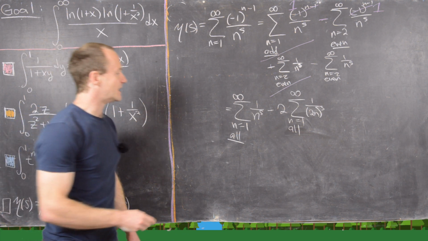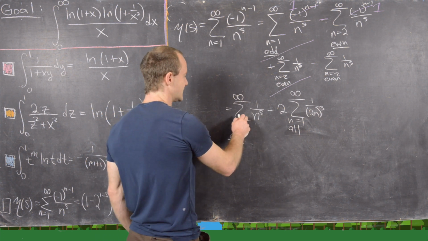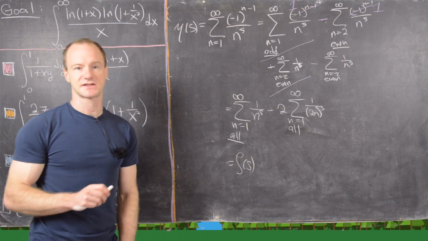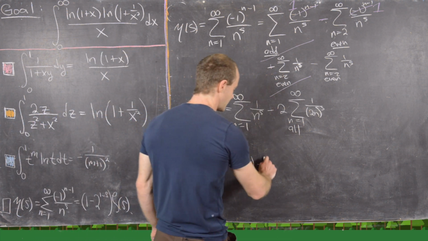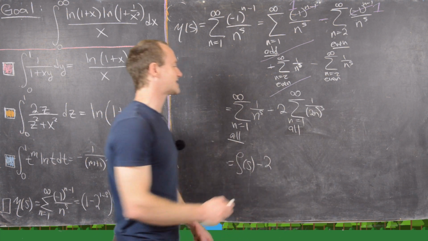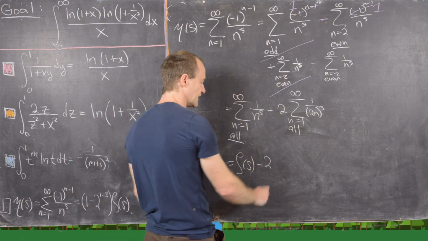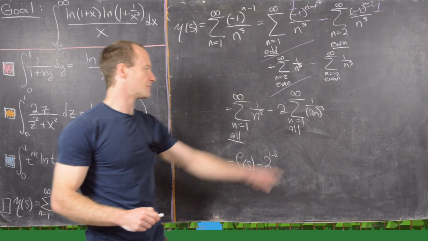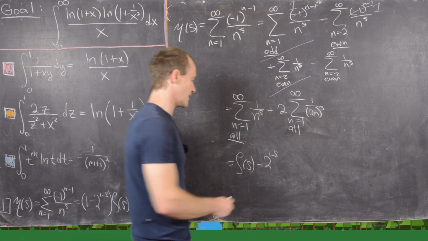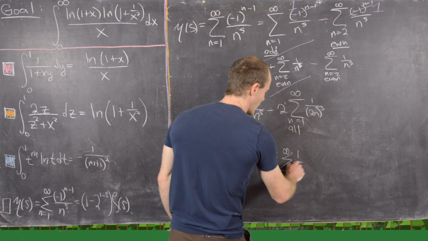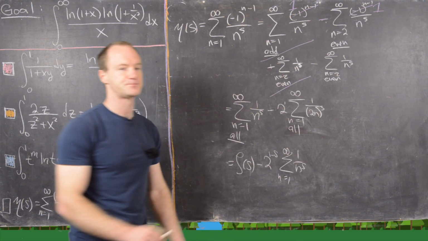Okay, great. But now what I want to do is notice that this guy right here is just the Riemann Zeta function evaluated at s. And then I'll simplify this a little bit more. Notice I can bring a 2 to the s out of the denominator here, which gives me 2 to the 1 minus s. I've got a 2 to the 1 there, and then a 2 to the s in the denominator. And now I have the sum, n equals 1 to infinity, of 1 over n to the s.